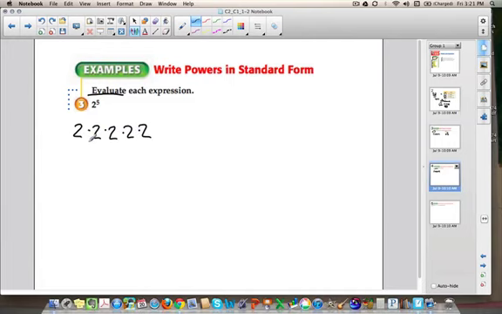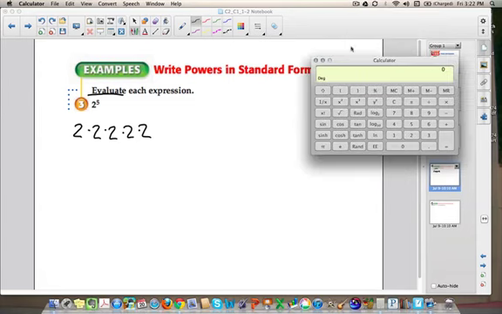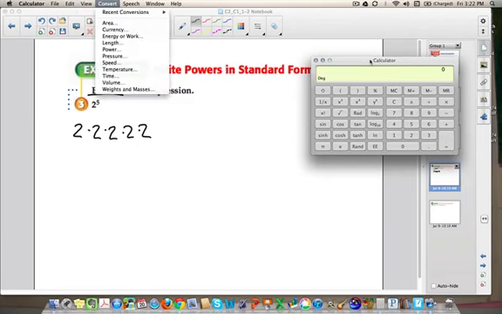There's a few different ways that you can do this. The first way you can do it is with your calculator. I changed my calculator over to the scientific one, which is just here in the view pull down under scientific.